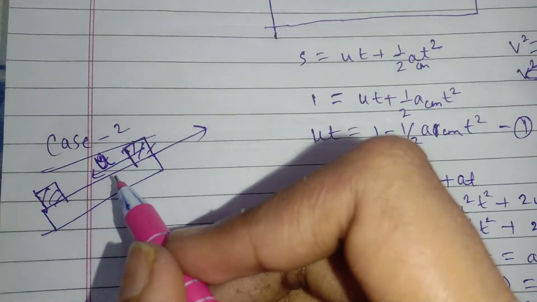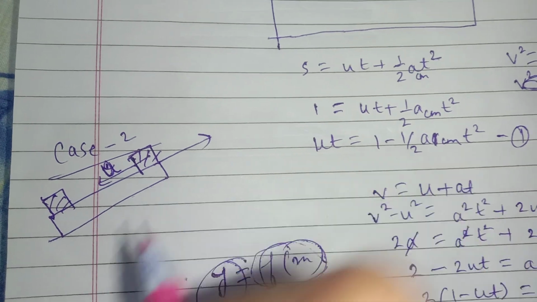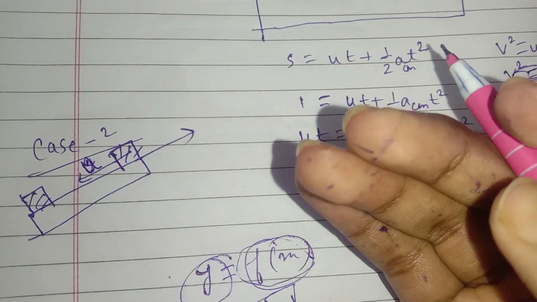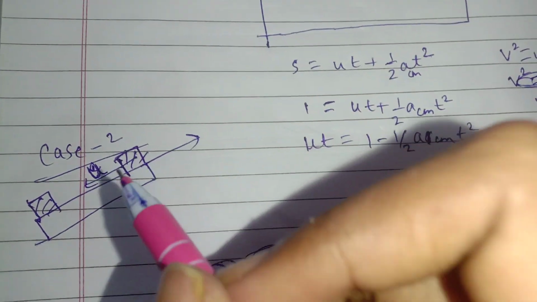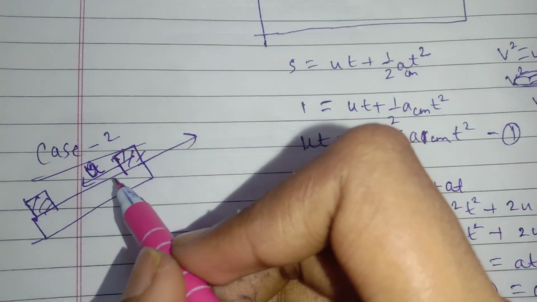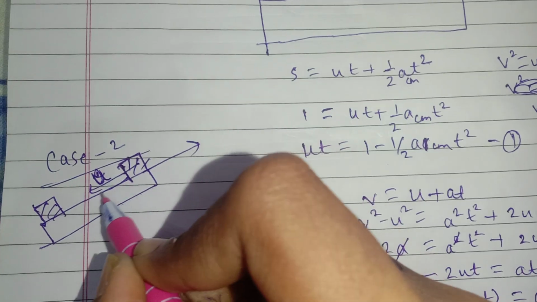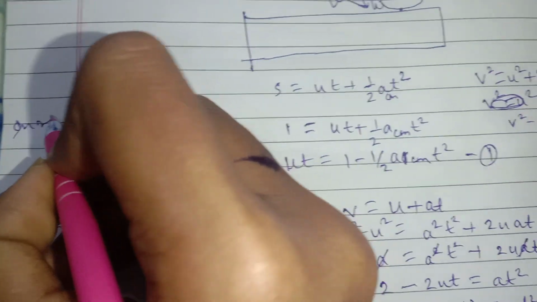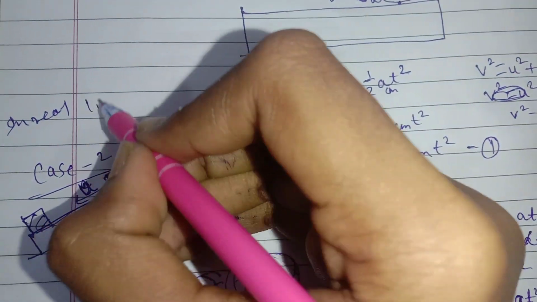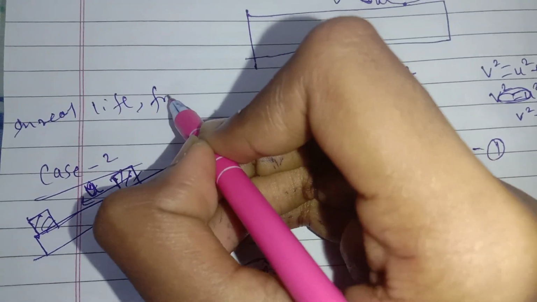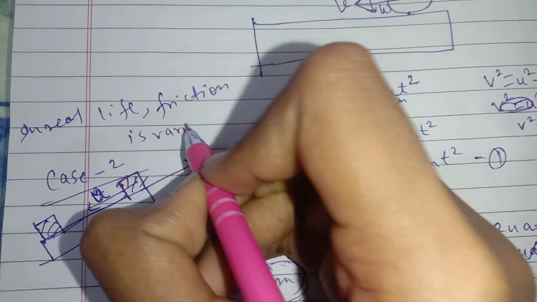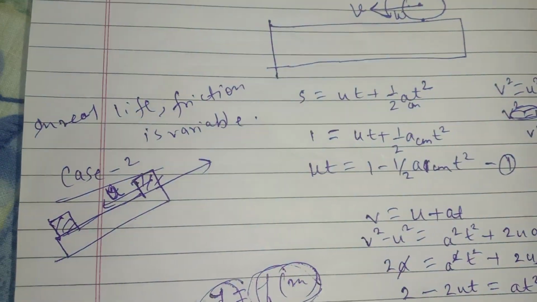So friends, this question is based on real life. That means it is not a virtual condition or anything like that. It is based on real life, and we know that in real life friction is variable.